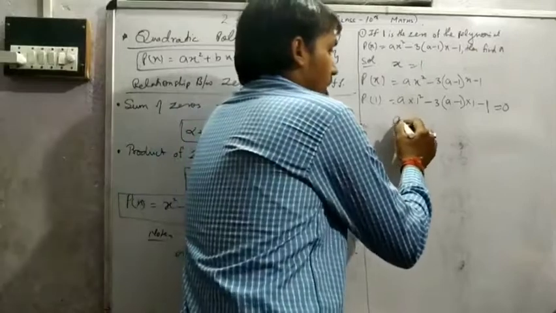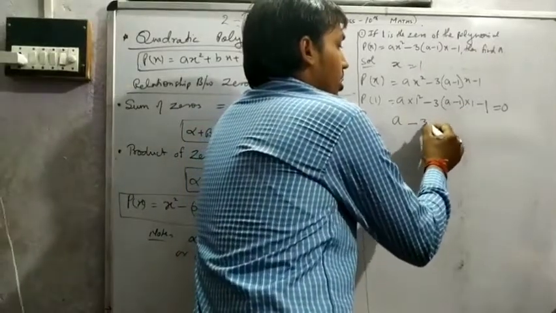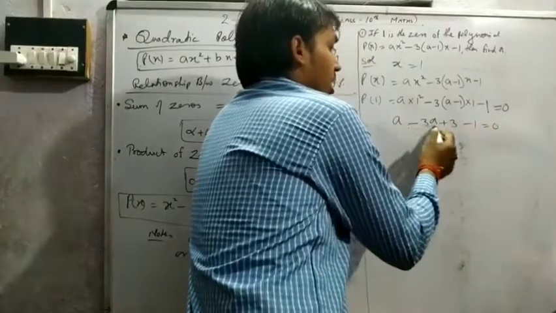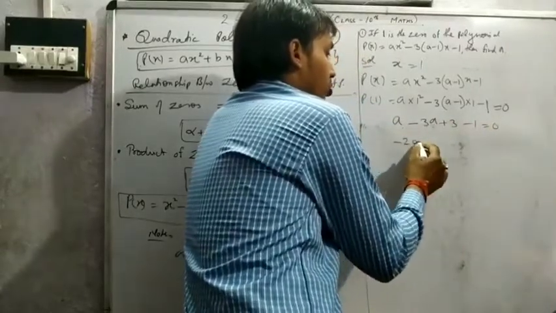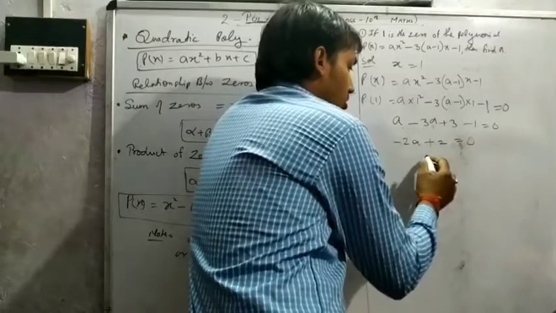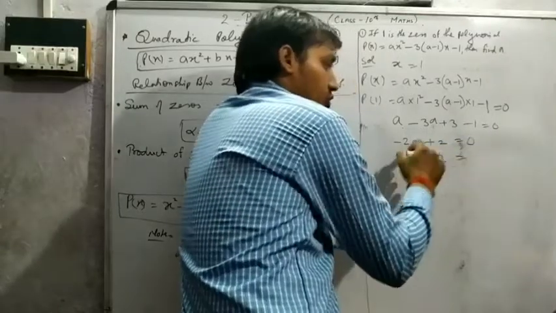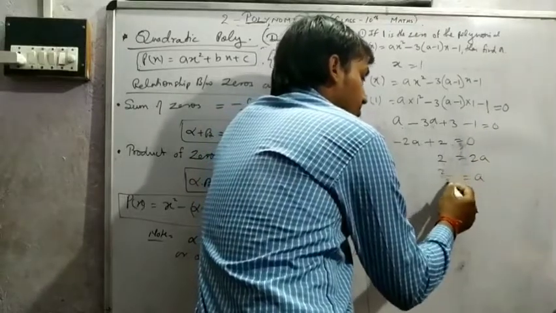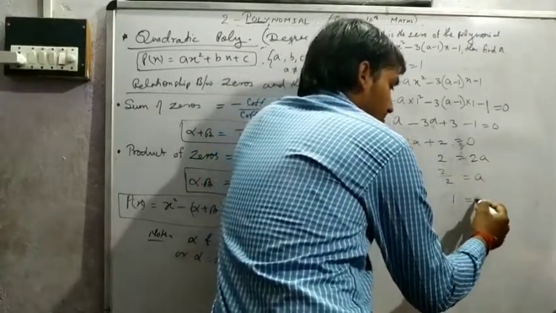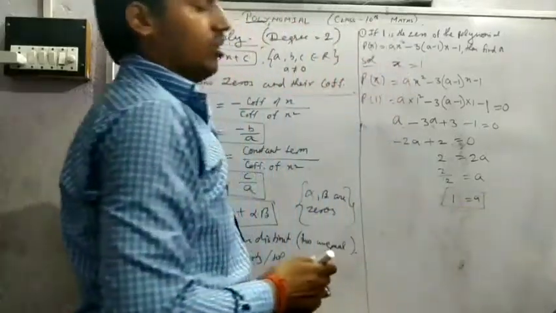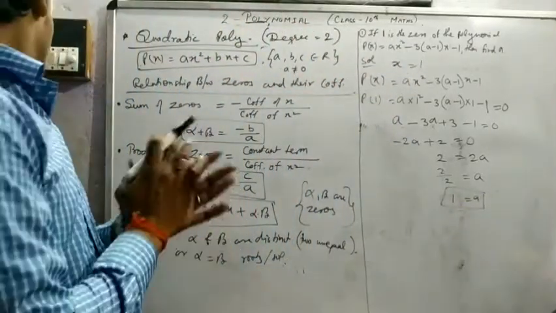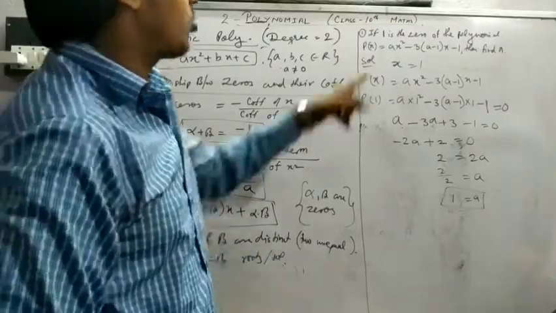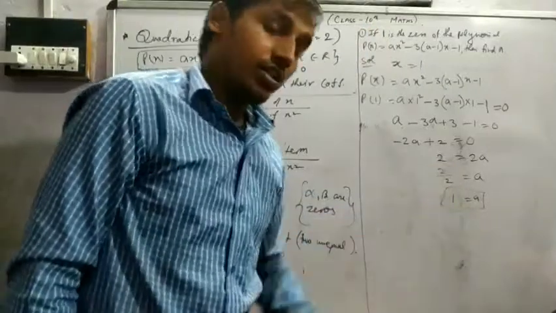That is a minus, open the bracket, 3a minus 3, minus 1, same as a minus 3a, minus 2a plus 2 is equal to 0. So you can send the minus 2a to the opposite side. That means a is equal to 1. The answer is complete. For x equal to 1, the value of a is 1.